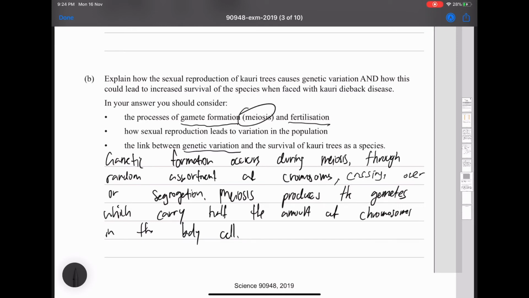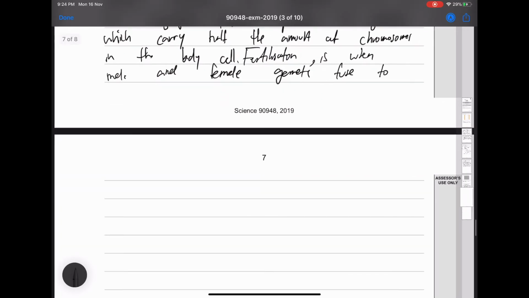Next, we can talk about fertilization and how gametes are produced. So here we have fertilization. Fertilization is when male and female gametes fuse to form a zygote.